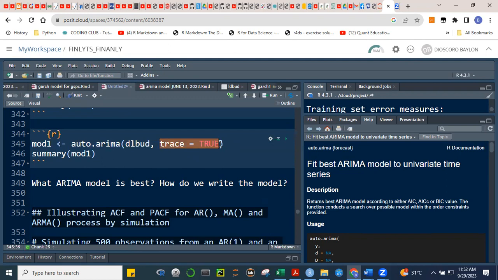I'll give you a few seconds to run this, same as above, since we're just including trace equal to true. Kindly do that, please, and tell me what you get. Kindly chat what you are getting if we include trace equal to true.